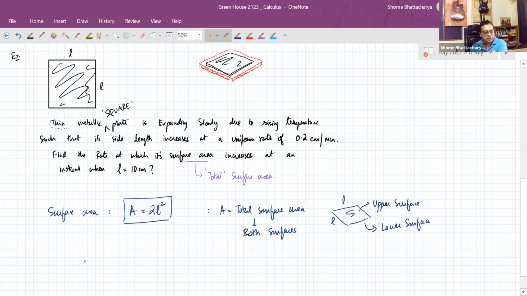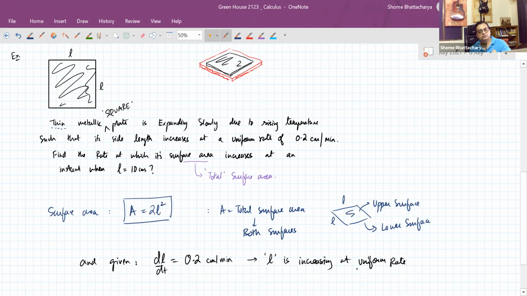So now we can see that it's given to us that the length is increasing at a uniform rate. So dL by dt is 0.2 centimeters per minute. This is what is given to us, that the side length is increasing at a uniform rate of 0.2 centimeters per minute.